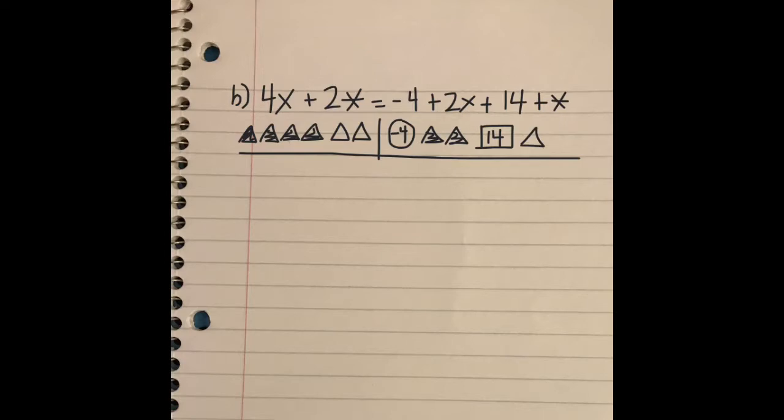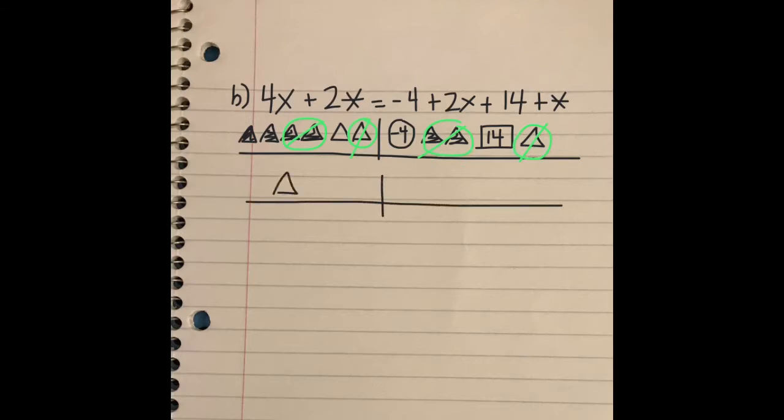So I've got a couple different places that I could start here. I'm actually going to start by taking a star and a star, 2 x's and 2 x's. It's going to make this a little bit easier to look at.